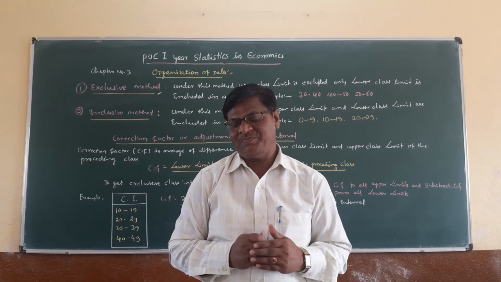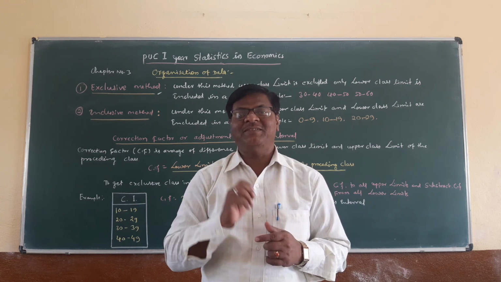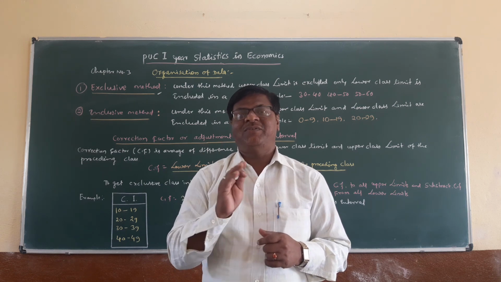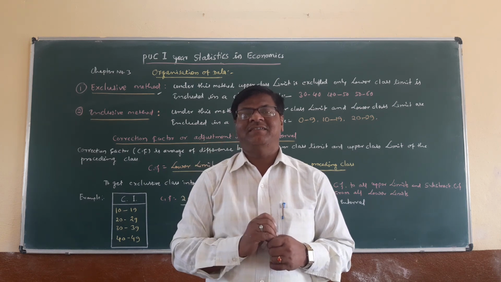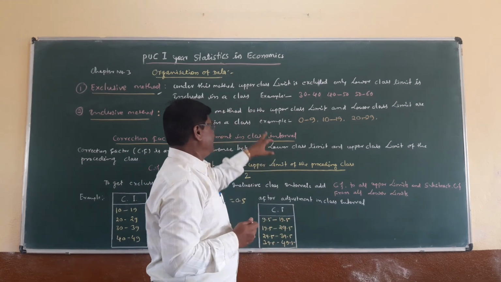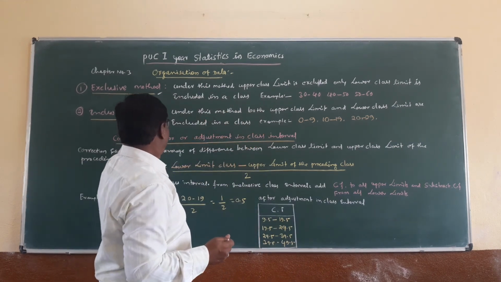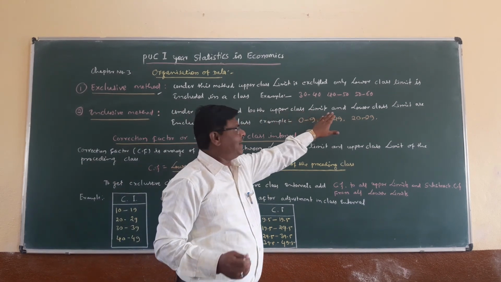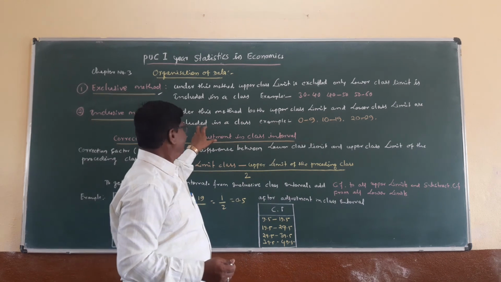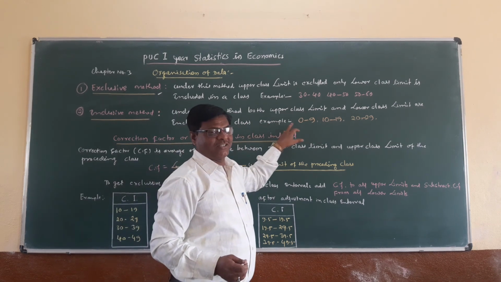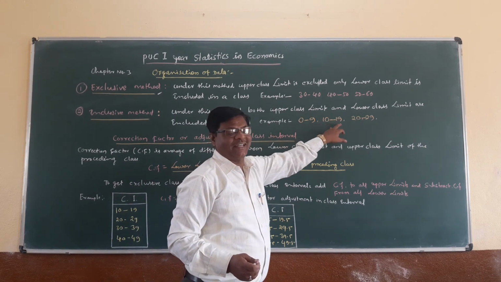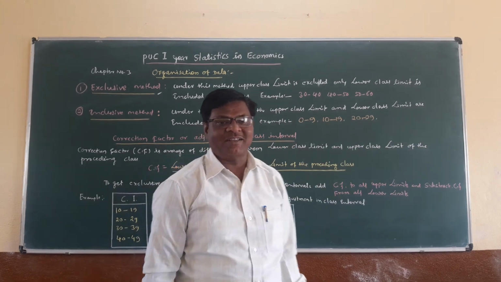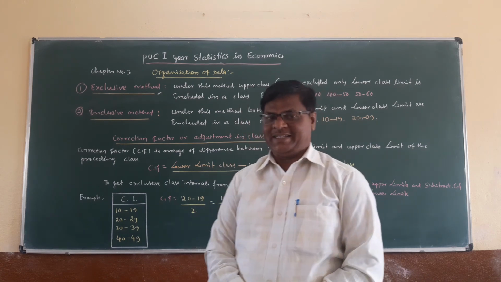For example, 0 to 9, 10 to 19, 20 to 29. It is called the inclusive method.